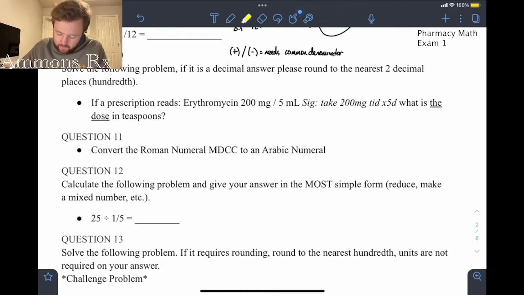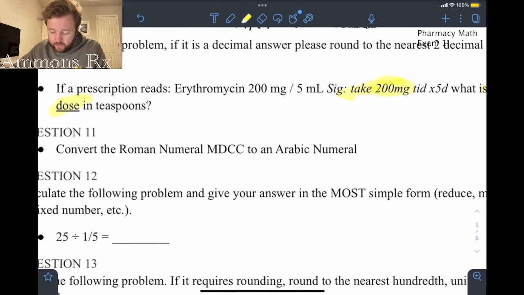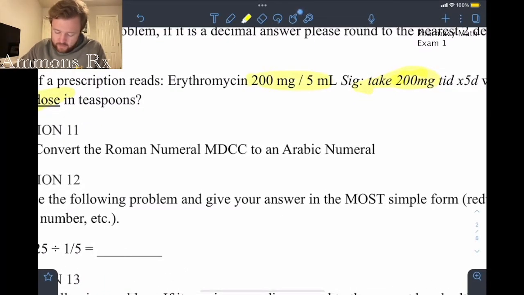Another calculation for day supply. So once again, I kind of emphasize dose right here. So what that means is I'm already telling you what we're looking for. We need to look for one dose, not the entire dose. So we need to ask ourselves, they are taking 200 milligrams TID. It's 200 milligrams. What is this? 200 milligrams per 5 mils.